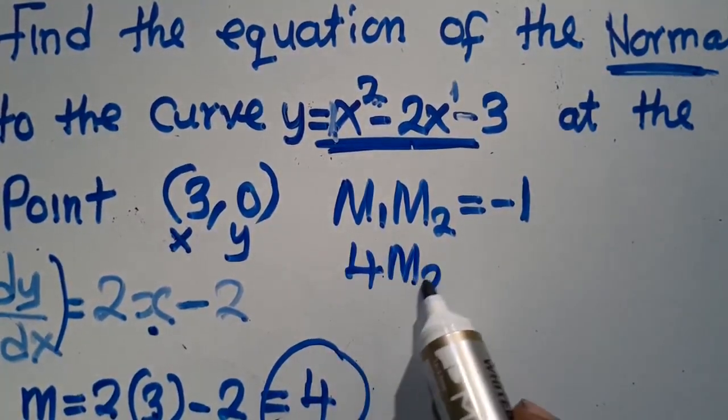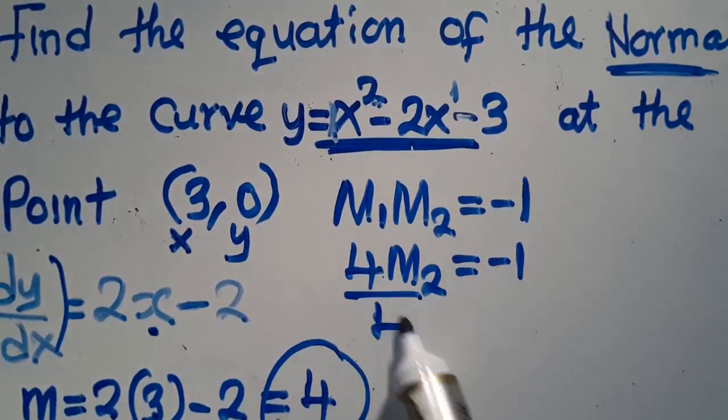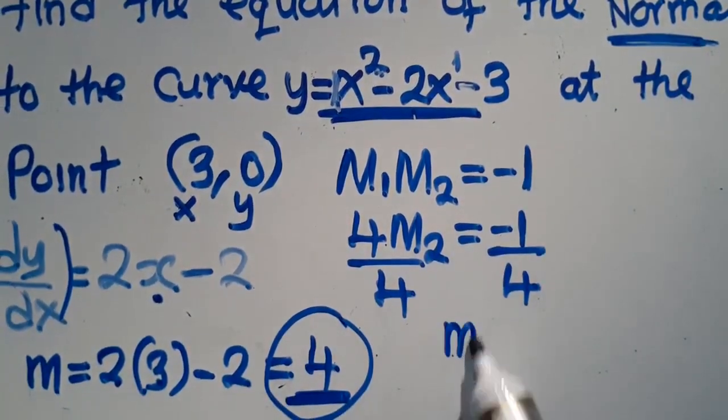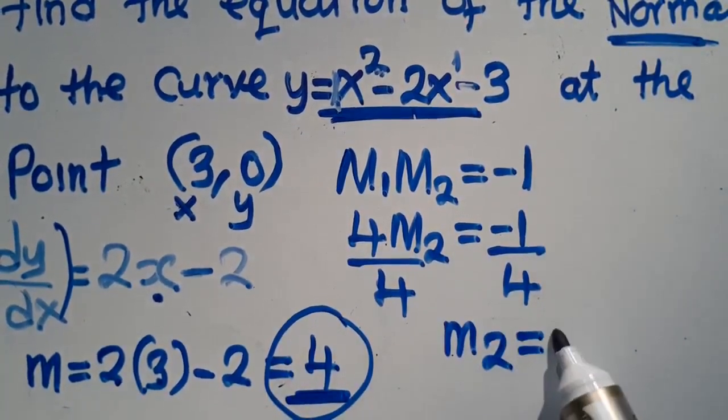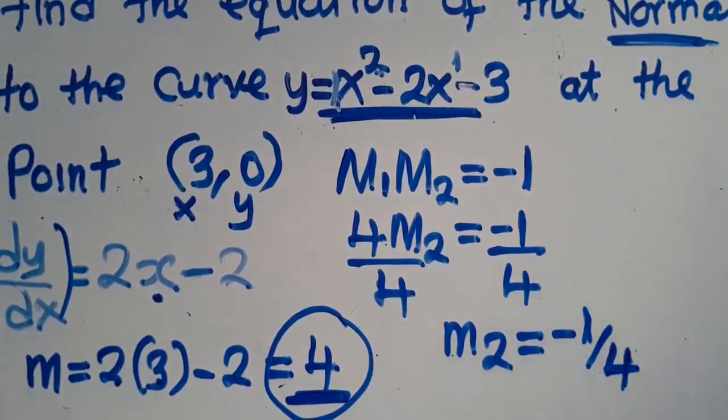We find gradient 2, which is equal to negative 1 over 4. So meaning that gradient 2 is equal to negative 1 over 4.